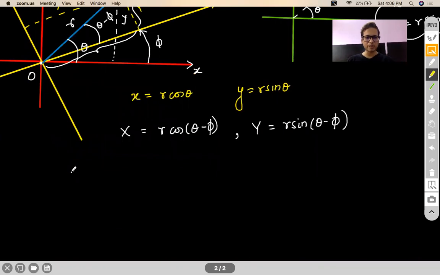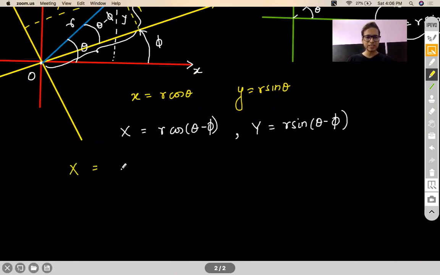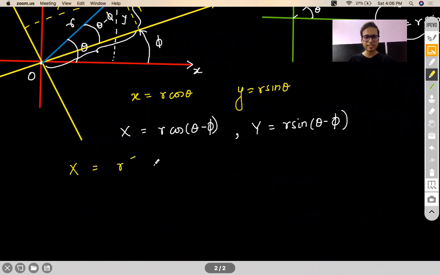So we all know our compound angle identities. So this will give me r(cos theta cos phi plus sin theta sin phi). Okay. Similarly, Y I will write it at a slight distance.